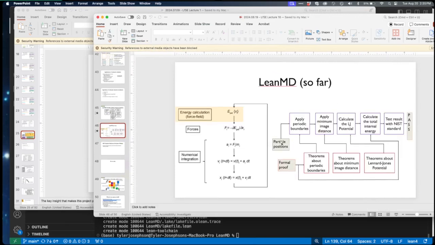We take in the positions of all the particles. We apply periodic boundaries to wrap them around. What this means is if we have a box volume, X, Y, and Z, and if particles are outside of that box, then we wrap them to be inside of this box. Then we apply the minimum image distance.